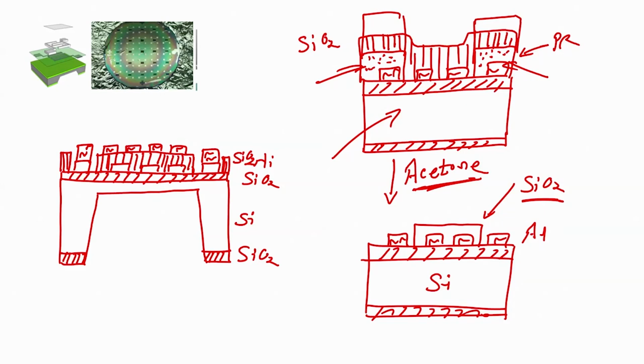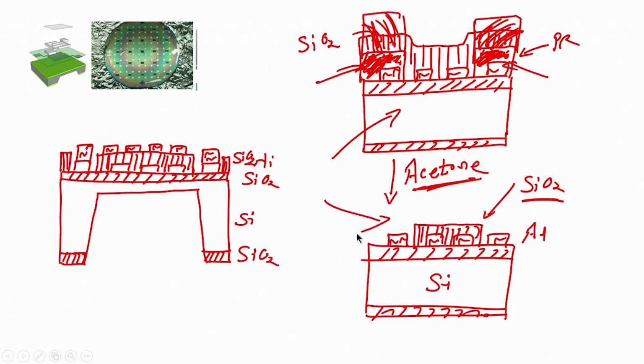So, when I dip this wafer in acetone, this photoresist, this area will get stripped off, this area will get stripped off. When this area strips off, this will take the silicon dioxide on top of it as well, resulting in silicon dioxide that I want in this particular design.